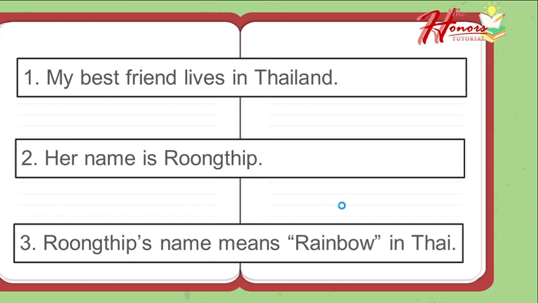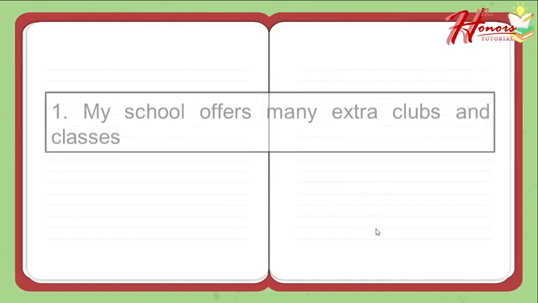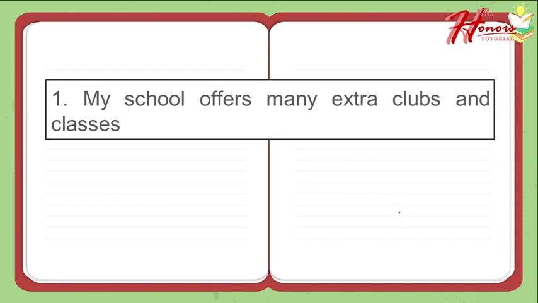So next, let's find the predicate. So you're going to underline the complete predicate in each sentence and circle the simple predicate in each sentence. Let's start. Number 1. My school offers many extra clubs and classes. Okay, can you identify where is our complete predicate?